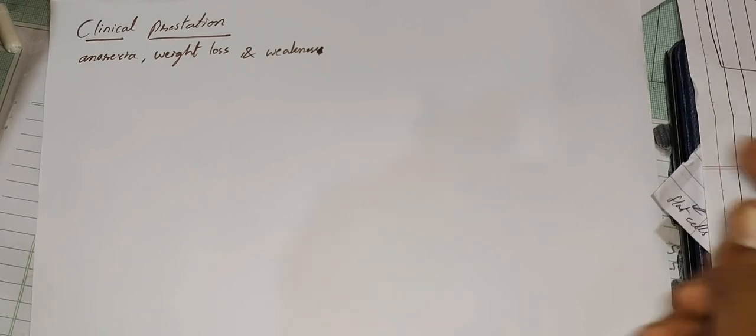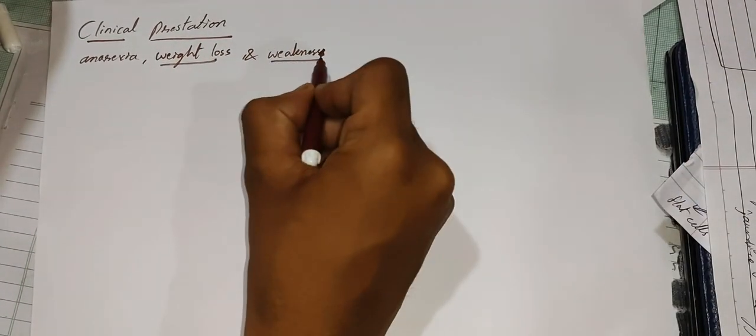Coming to the clinical presentation. You will see the most common features of anorexia, weight loss, and weakness. Clinical presentation can be classified based on two effects.